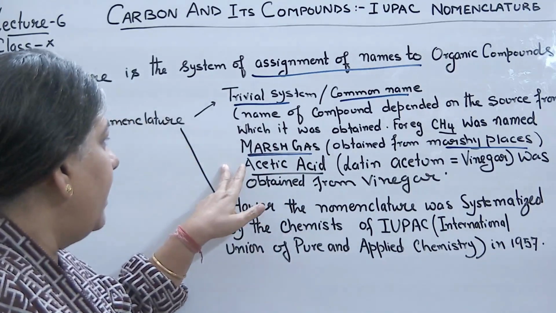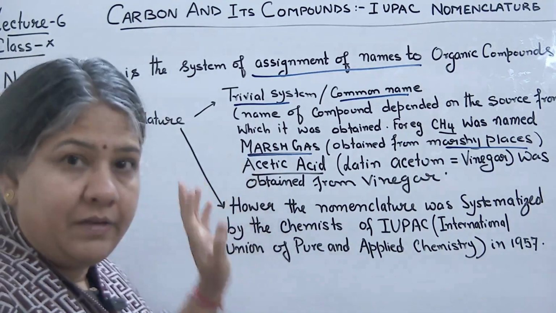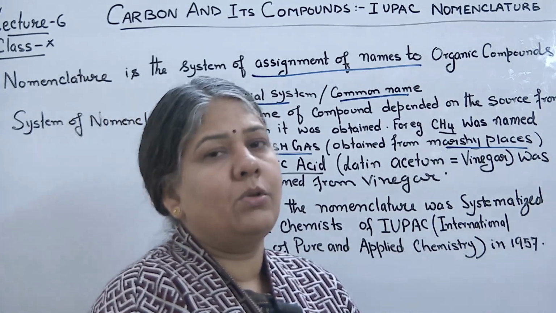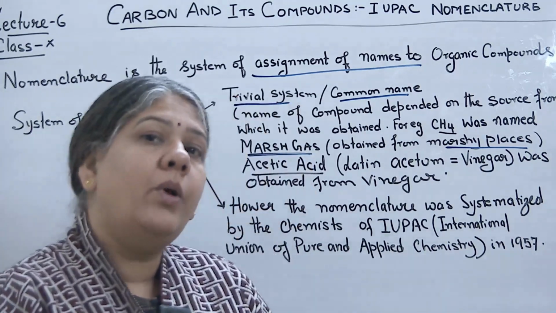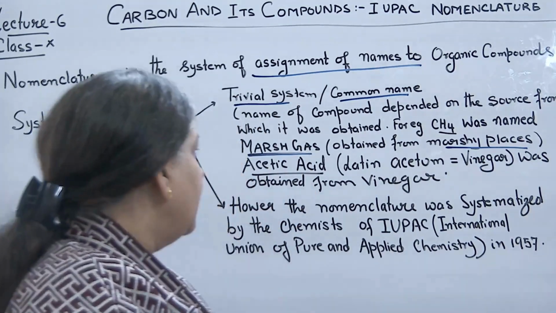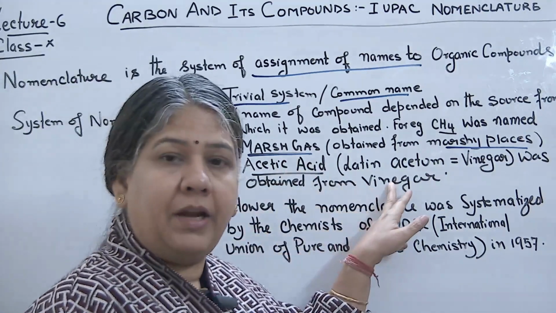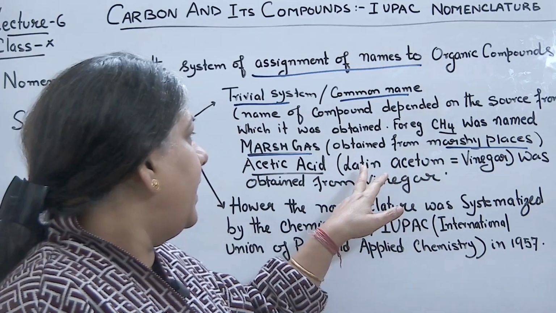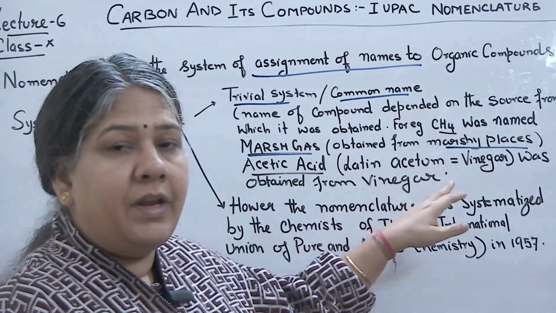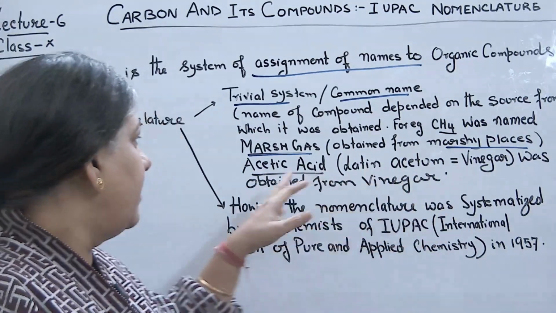Then another example is acetic acid. This is also the common name for ethanoic acid. See, acetic acid is basically obtained from vinegar and the Latin word for vinegar is acetum, hence the name acetic acid.